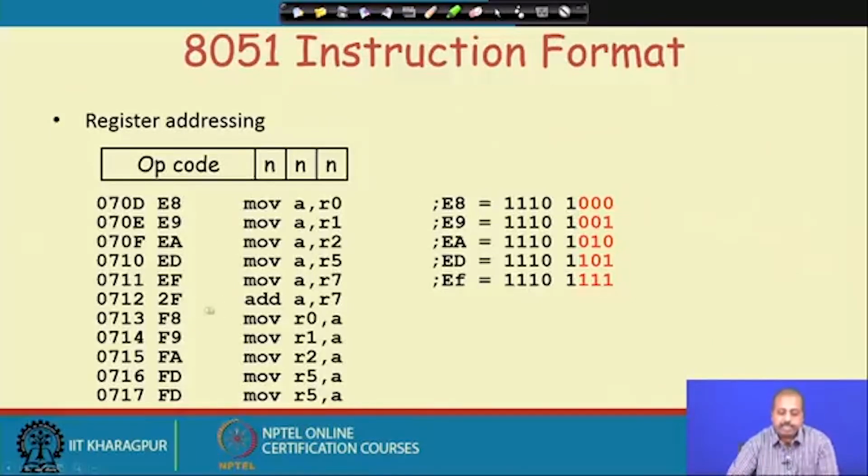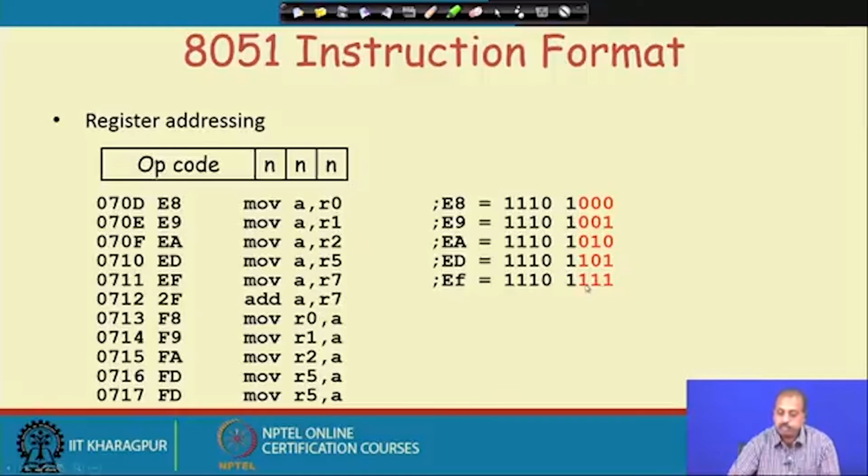Similarly, add A has a code where the 5 bits will come, and this will turn out to be 2. So, the last configuration will come, where these 4 bits are 0 0 1 0, and after that we will have 1 1 1 1, because this is R7.